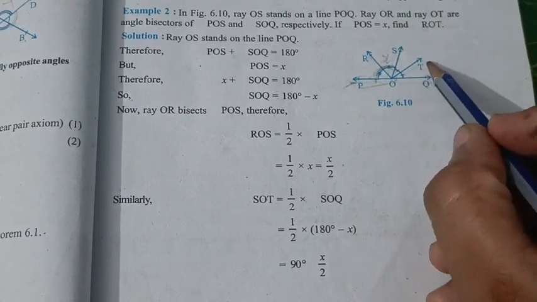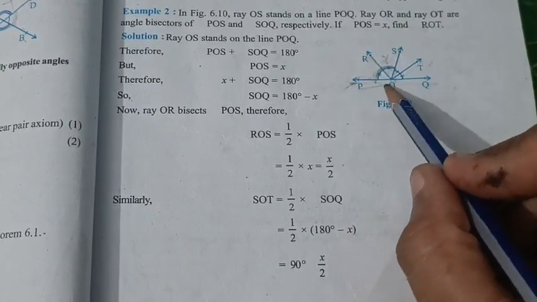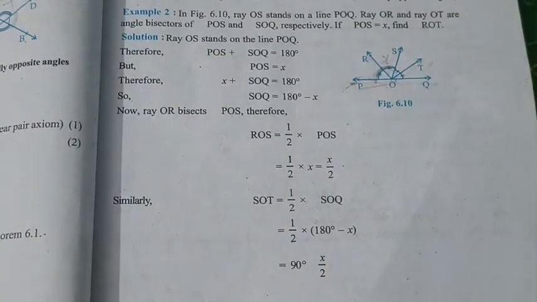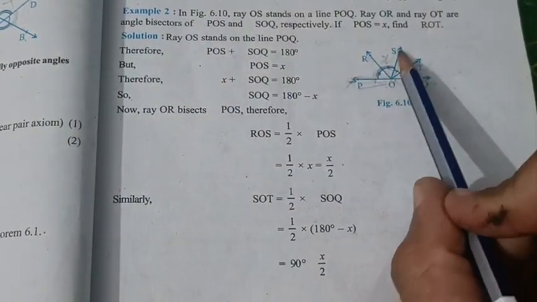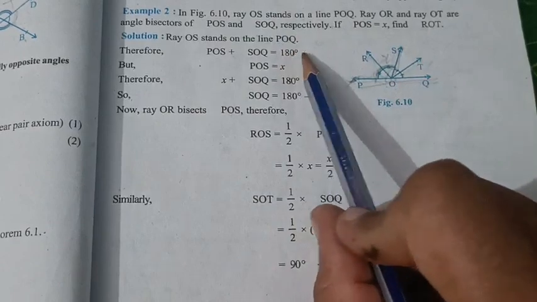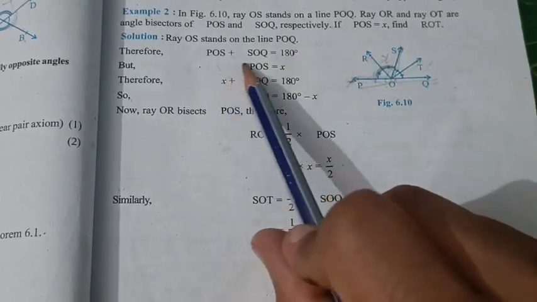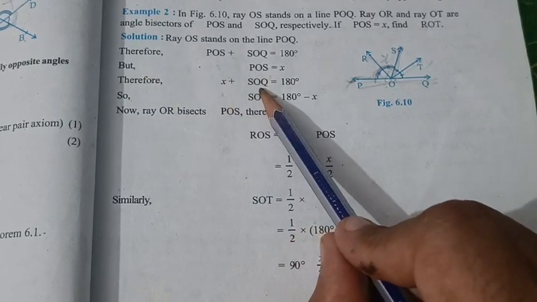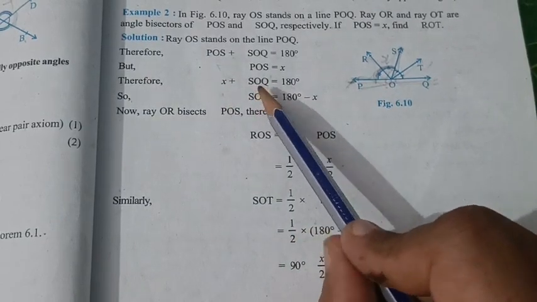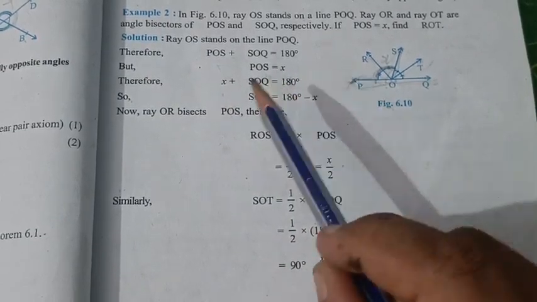Now find ROT, this angle. The proof is: POS plus SOQ is equal to 180. We know that POS is equal to x. So x plus SOQ is equal to 180. SOQ is equal to 180 minus x.